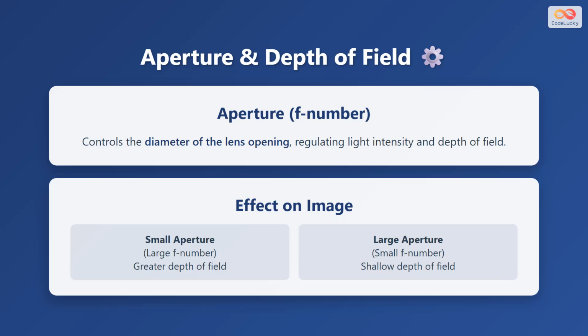The aperture has a significant effect on the final image. A small aperture, indicated by a large f-number like f/22, produces a greater depth of field, meaning more of the scene from foreground to background appears in sharp focus. Conversely, a large aperture, indicated by a small f-number like f/2, creates a shallow depth of field, where only the subject is sharp while the background becomes beautifully blurred.